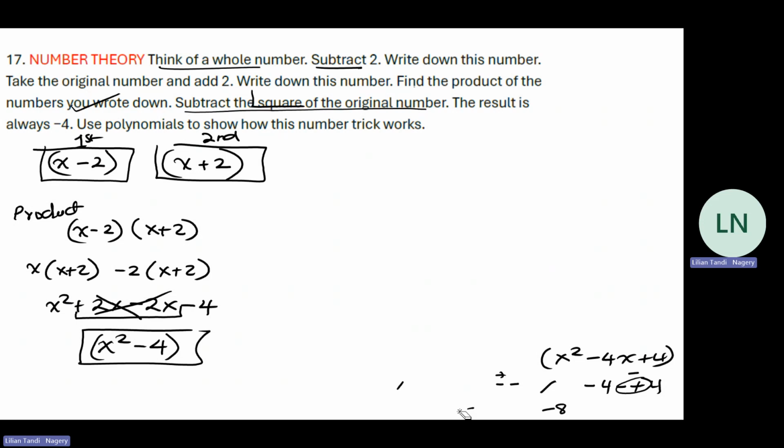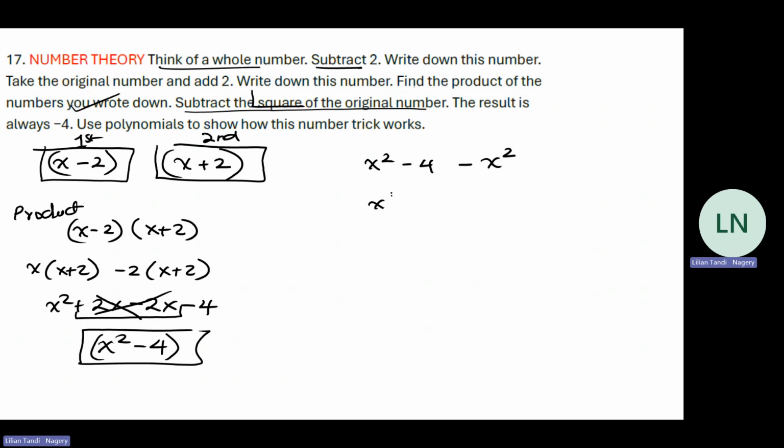And that is what is going to happen in the exam. You always have to keep on rereading and checking your work. So this will be x squared minus 4 minus x squared. So this will be x squared minus x squared minus 4.